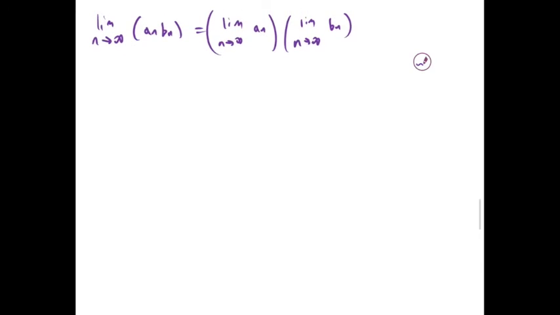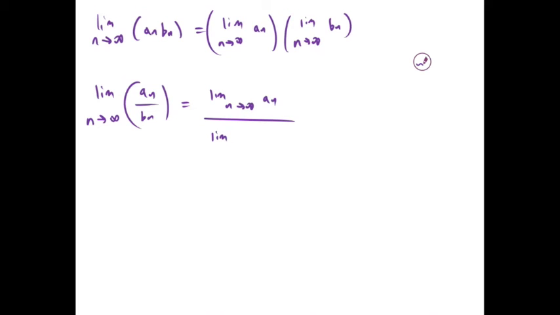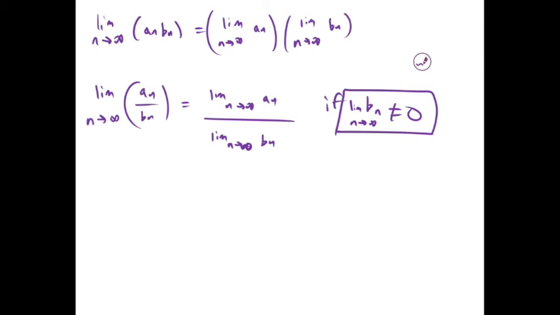And if we have the limit of two sequences divided by each other, then we can just take the limit of one and divide it by the limit of the other, as long as the denominator doesn't approach 0. And that's really all you need to do to solve these problems.